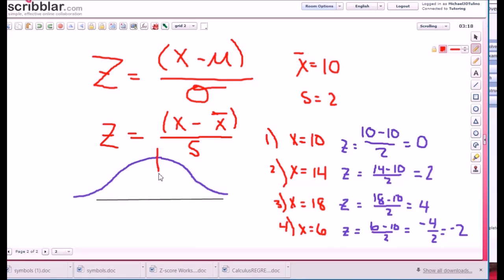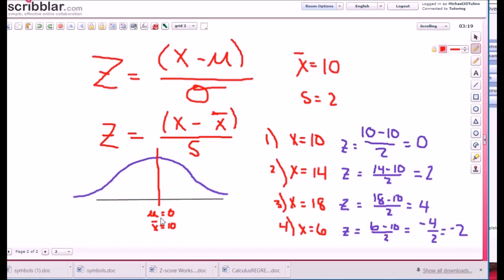So in the middle here, we will typically have our x bar or mu, one of the two. So we'll just start out with mu. That's where the average is right in the middle, so 0, or in this situation, x bar is 10.